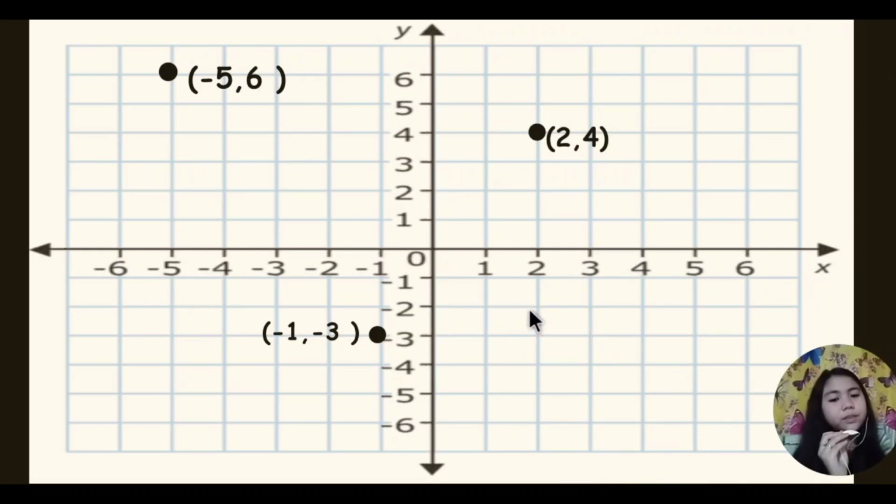We count 3 again: 1, 2, 3. And we count downward since it is negative. We count 4: 1, 2, 3, and 4. And here is the point of our positive 3 and negative 4.